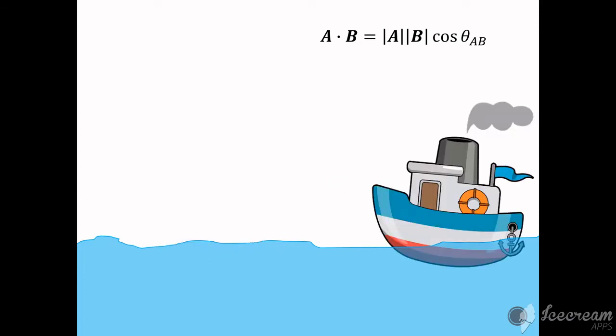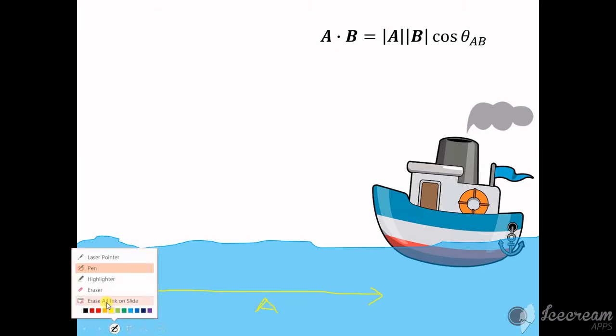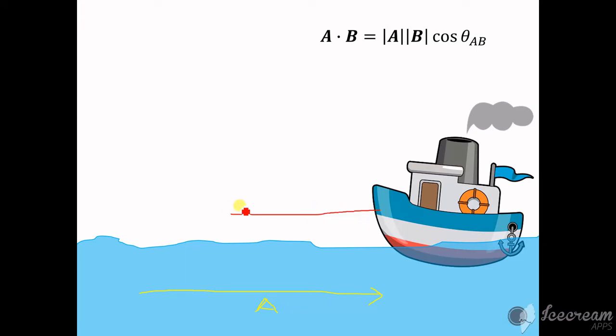Okay, so now we'll take the same example, but this time we will let the boat be in this direction. Just like just now, we have the river flowing in this direction with certain velocity, so that will be our first vector, vector A. This time the boat will be in this direction.